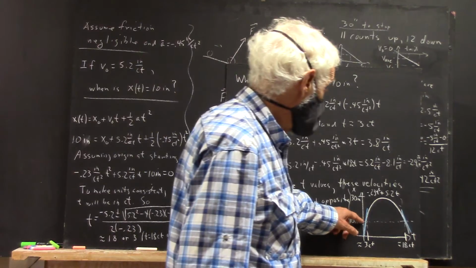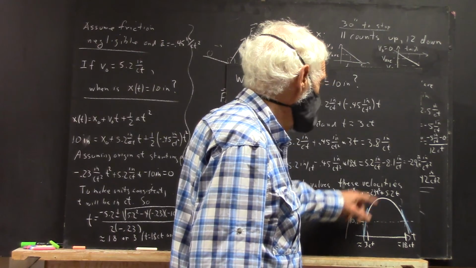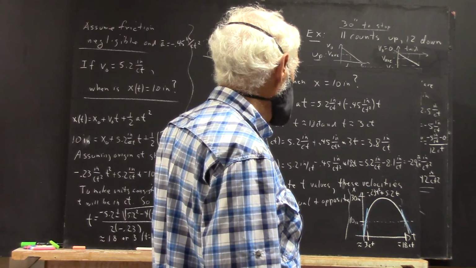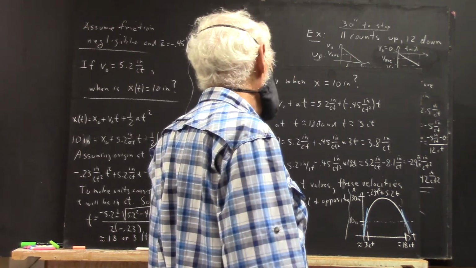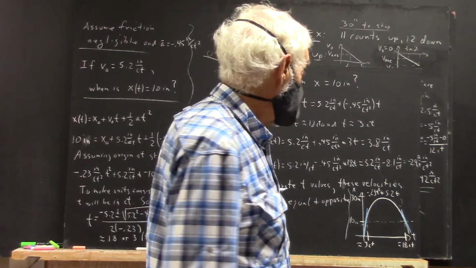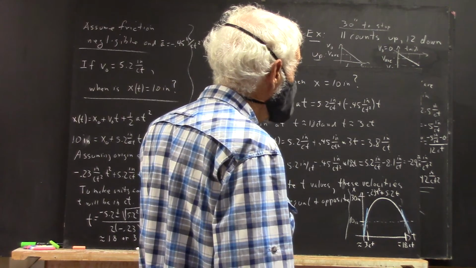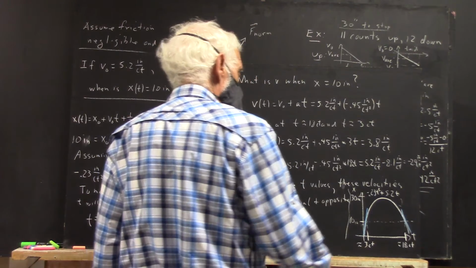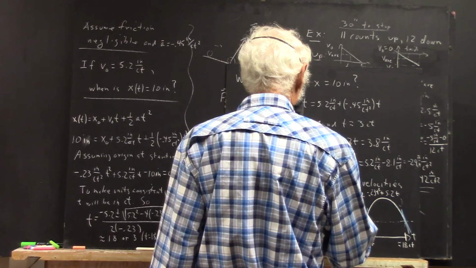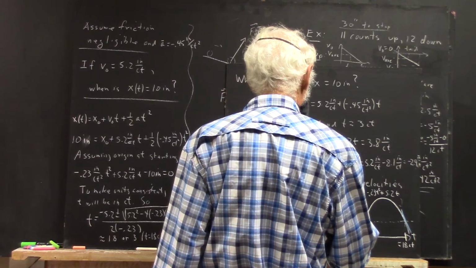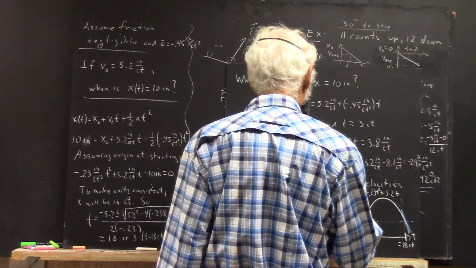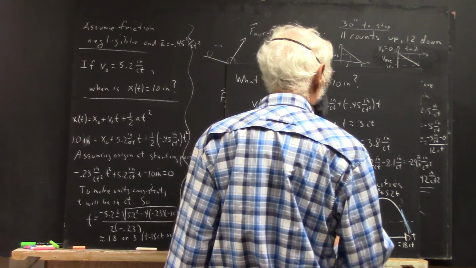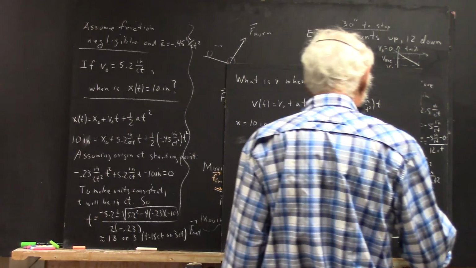So the slope here should be, probably going to split the difference between these, and you're going to get about 3.4. So the slope here should be about 3.4 inches per count slope.